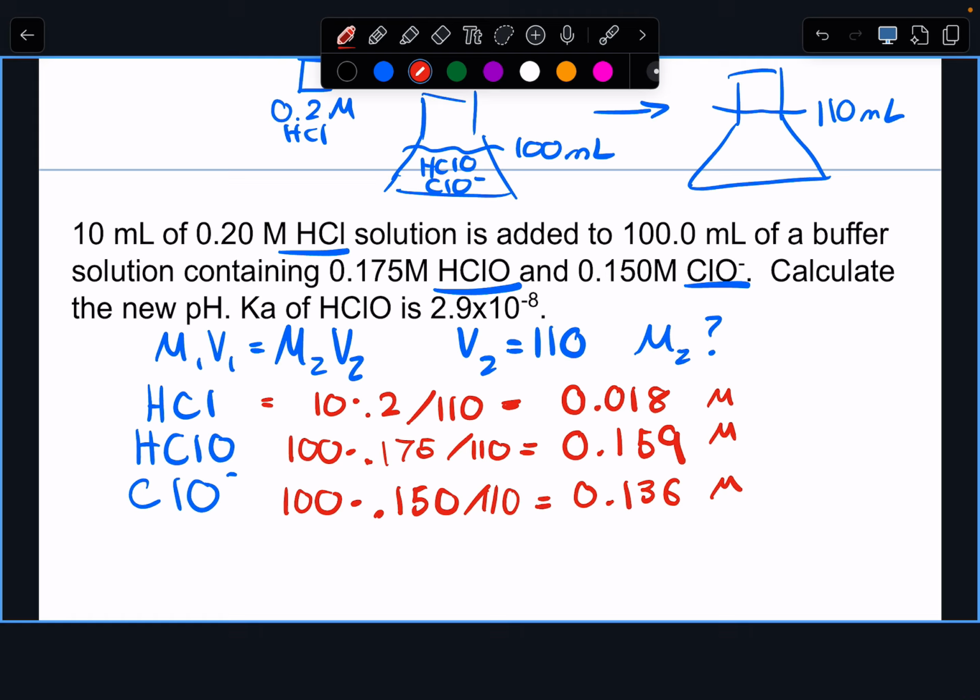Okay, let me give everybody a minute to make sure you're up to speed with the dilution, and then we'll look at what the actual equation is.